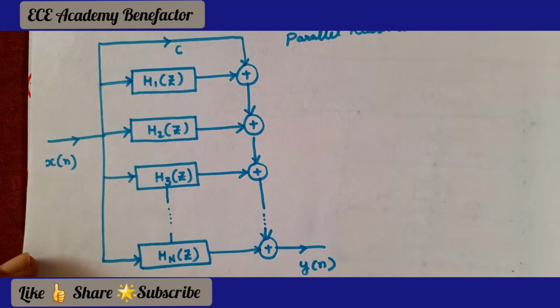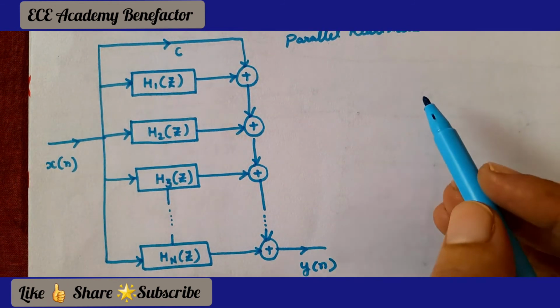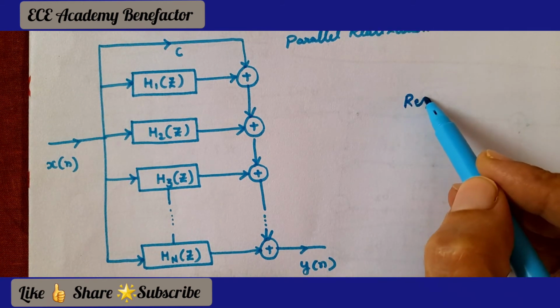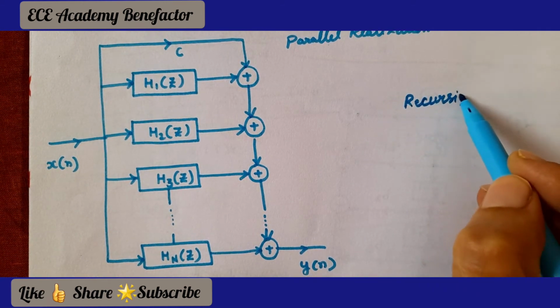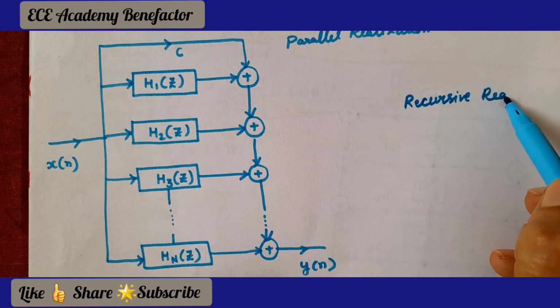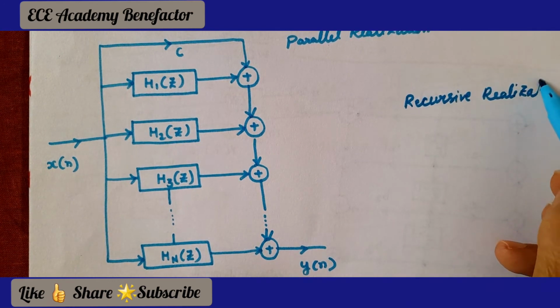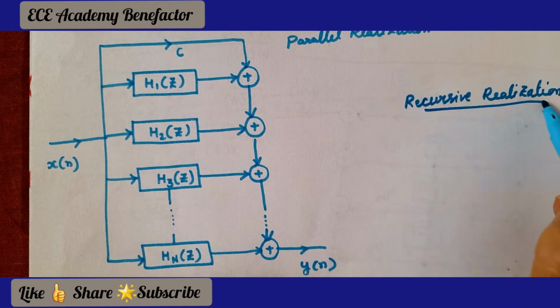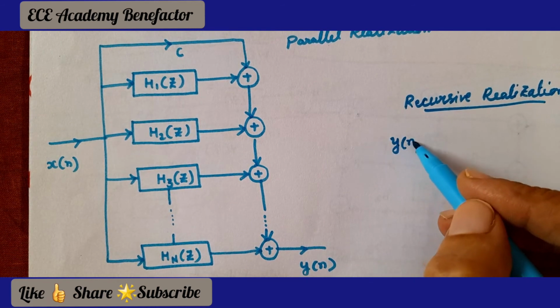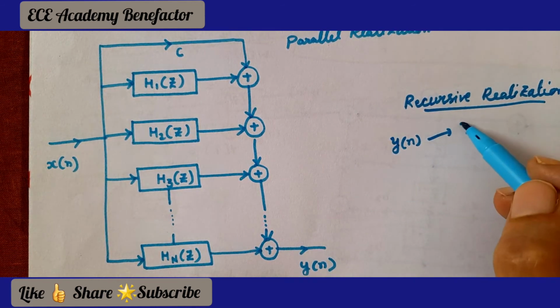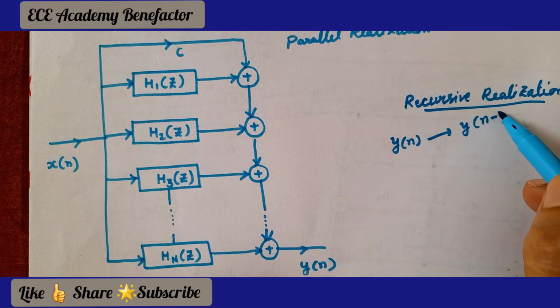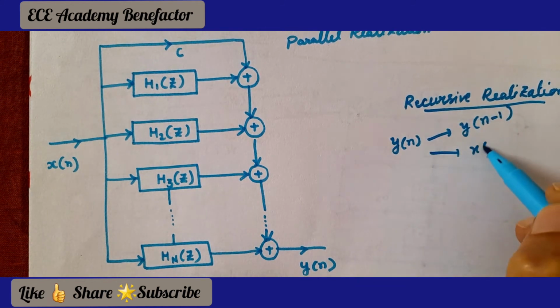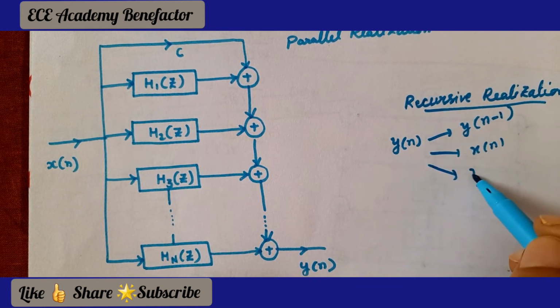Okay. So, till now we have seen recursive realization. Recursive realization means y of n, the present output, is depending on past output, present input and past input.